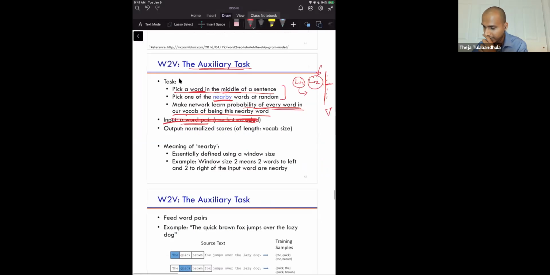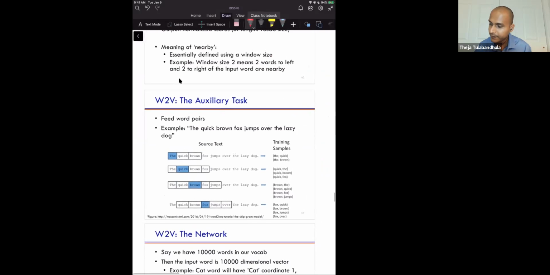So actually, let's do this. Again, I'm describing just the task itself, and then we'll talk about the corresponding neural network, or the W matrix and so on. So let's say the sentence is the quick brown fox jumps over the lazy dog. Then I'm going to construct training samples now.